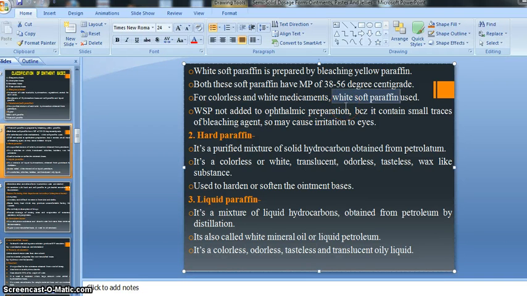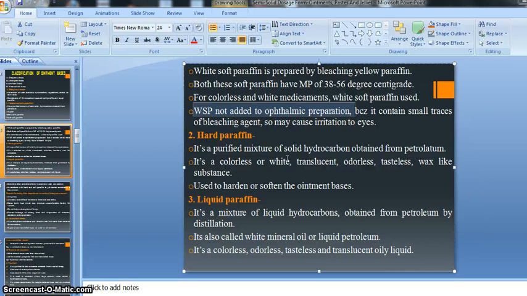Transparent kind of ointment. However, white soft paraffin is not added to ophthalmic preparations. There is one caution given for us, that is to avoid adding white soft paraffin into ophthalmic preparations. We know that ophthalmic ointments are also available in the market, and we have already learned that ophthalmic means an ointment applied or administered on the eye.